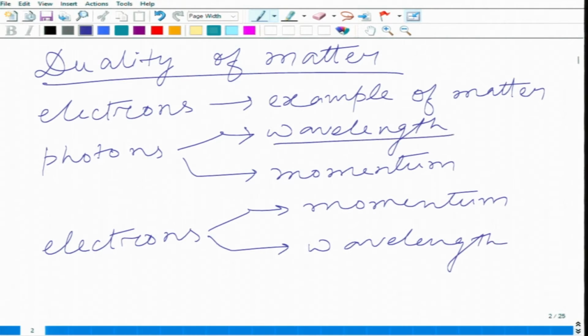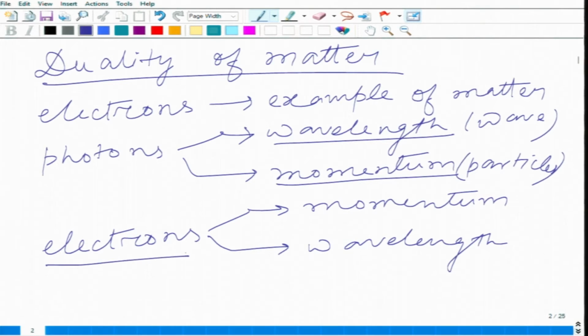We know that wavelength is a property of waves and momentum is a property of particles. So, De-Broglie said that electrons or similar matter will also have two types of properties. One is particle-like and another is wave-like.